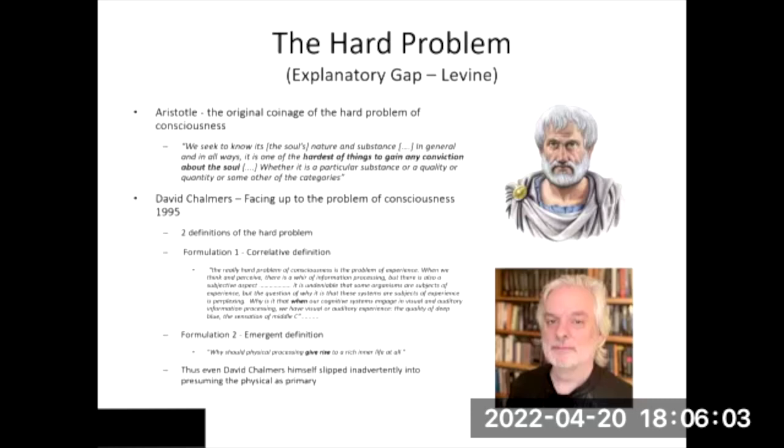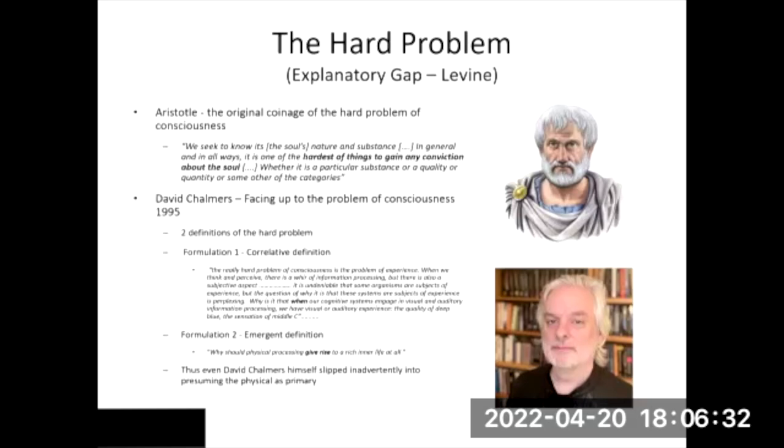Interestingly, reading David Chalmers's 1995 paper, which I gather was tied to a presentation here at Tucson, he actually jumps in his formulation. His first formulation is what I call a correlative definition of the hard problem of consciousness, where he's basically saying, why do we have experience at the same time?